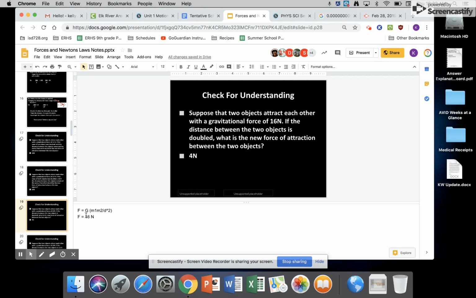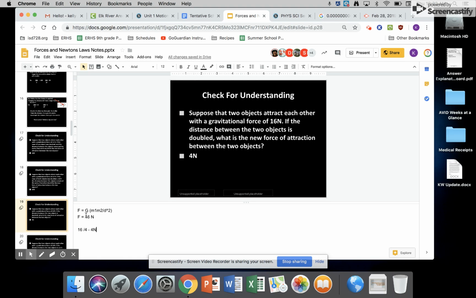The distance doubled, and really it's distance squared. So 2 squared should give us 4 times smaller attraction. 4 times smaller is another way of saying 16 divided by 4, which gives us that 4 newton pull.